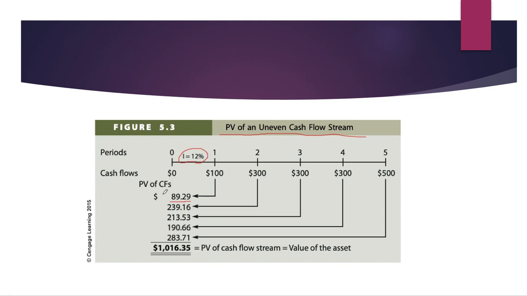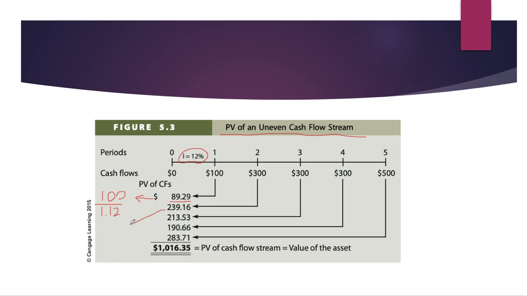Okay, so the first present value here is obtained from this 100 divided by 1.12. So this gives us 89 point something here, and you can continue for the second term.